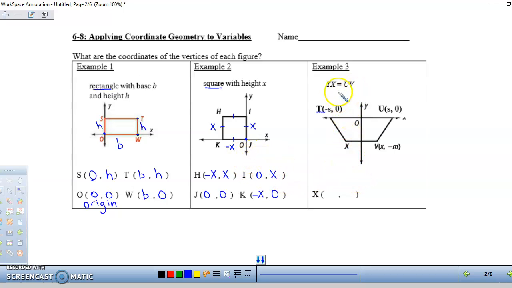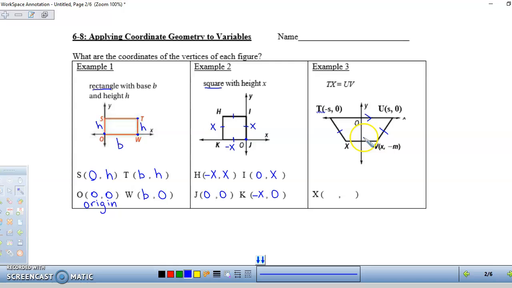On example 3, you're given this information that TX is equal to UV. So TX here is equal to UV. You want to mark that in the picture. Okay, and then here we have a horizontal line. I wish they would have told you this is also a horizontal line, but it looks like it is.